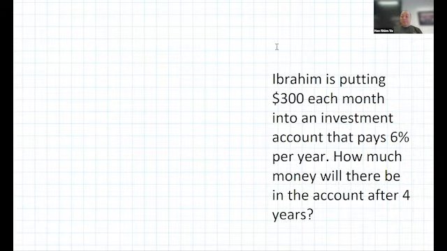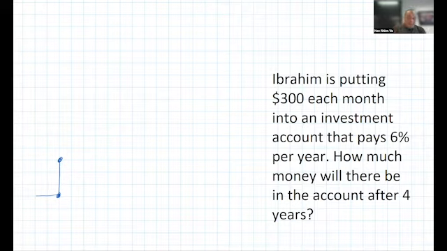Let's take a look at this new problem. Ibrahim is putting $300 each month into an investment account that pays 6% a year. How much money will there be in the account after 4 years? Let's draw a diagram. There's an investment account that starts out with nothing, and Ibrahim pays in $300.